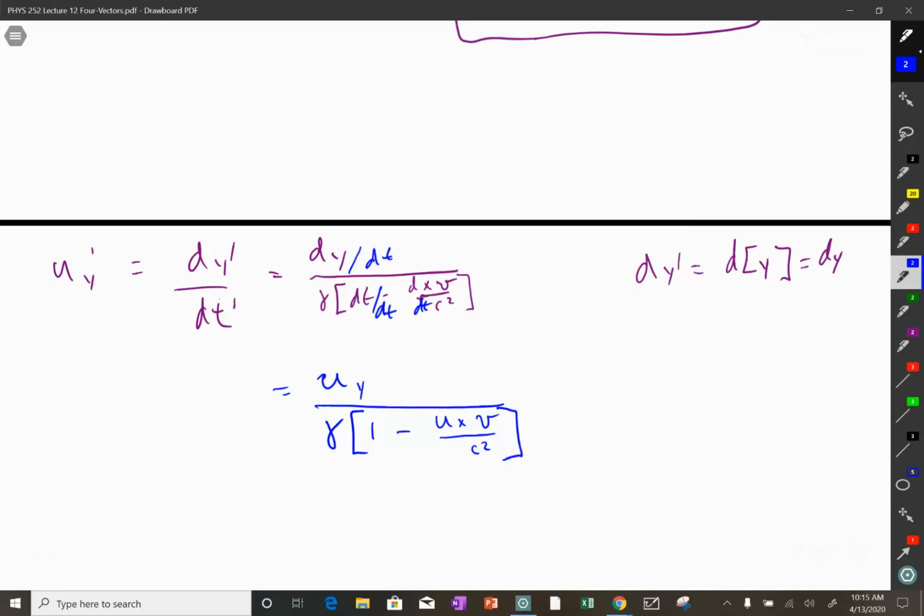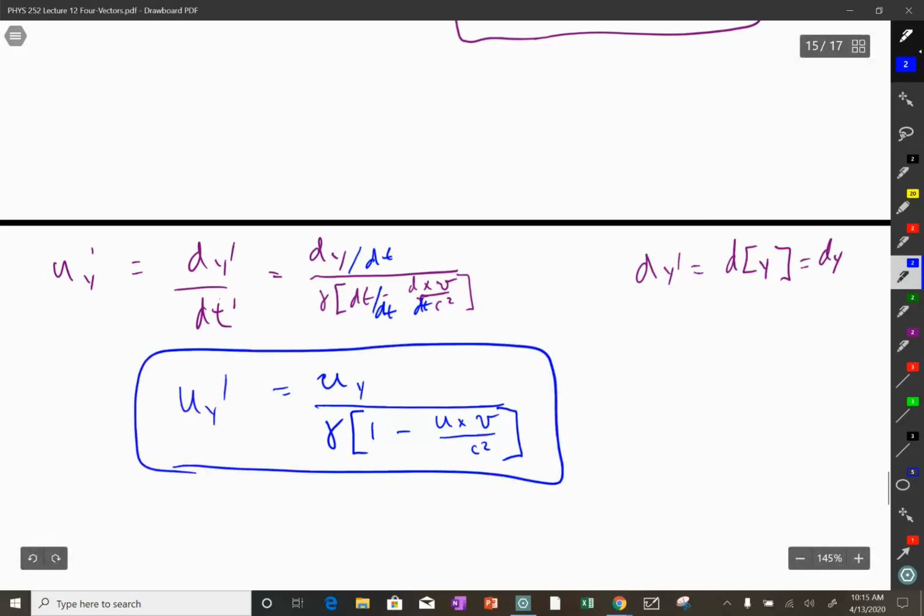Now that's a little different, just a little different. Now if I want to put it with subscripts like we did before, that would be u of object with respect to s prime is equal to u of object with respect to y divided by gamma times 1 minus u of object with respect to x, the speed of s prime with respect to s over c squared.